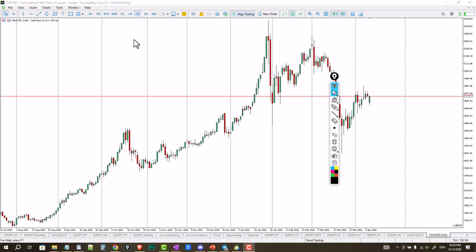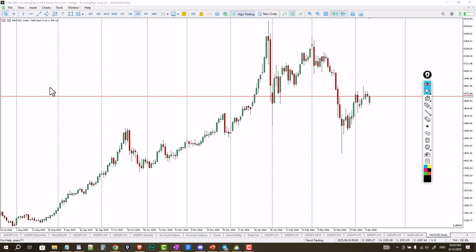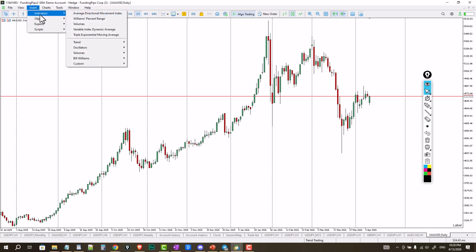So what exactly is the ADX indicator? ADX is short for Average Directional Movement Index indicator. To locate it, if you're using the MetaTrader platform, as it's the most popular trading platform for CFD Forex traders, hover your mouse's cursor over the navigator tab, and then once you're on the insert tab, hover over the indicators tab, and you're going to find it here at the top.